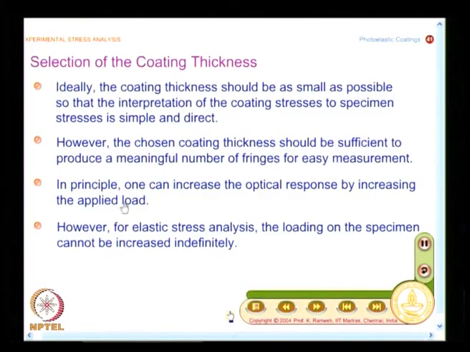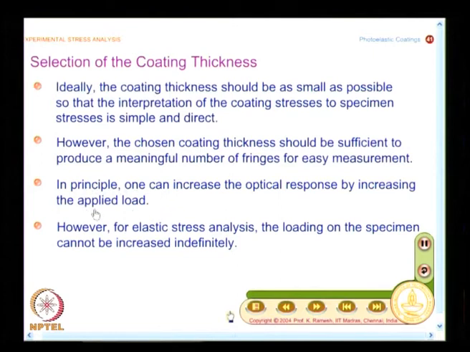So, if I do not have sufficient optical response, I cannot make measurement. In order to make measurement, I can increase the thickness of the coating, that is one method. The other approach is by increasing the applied load.